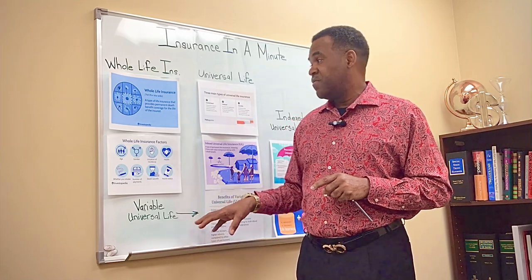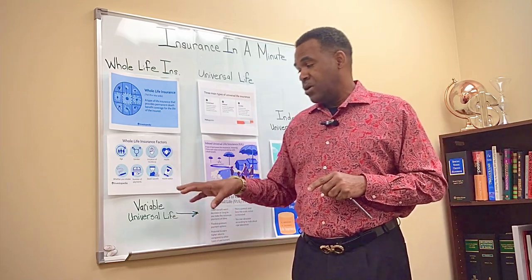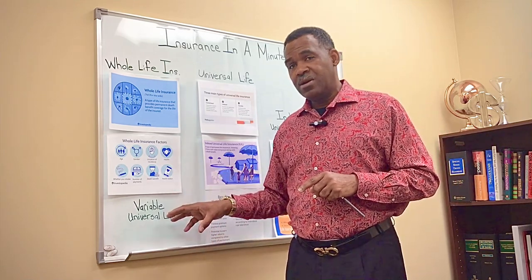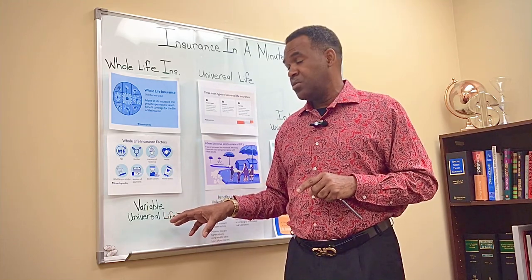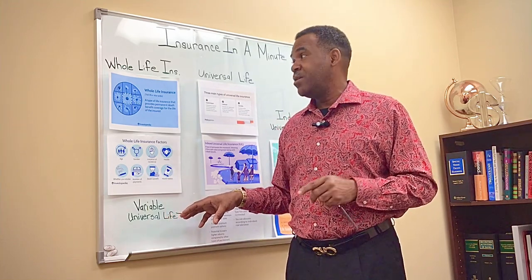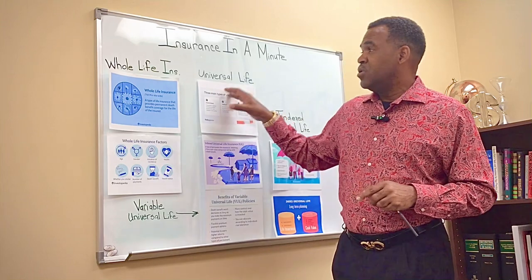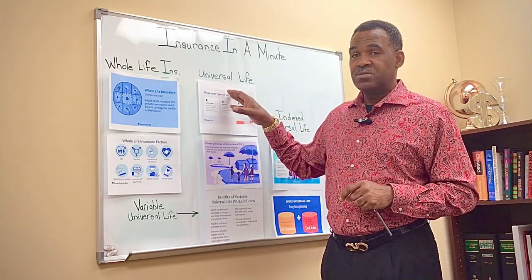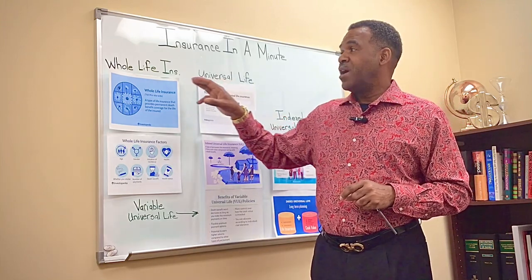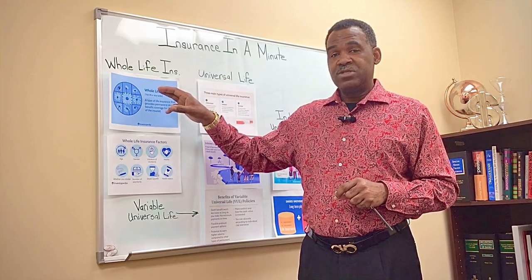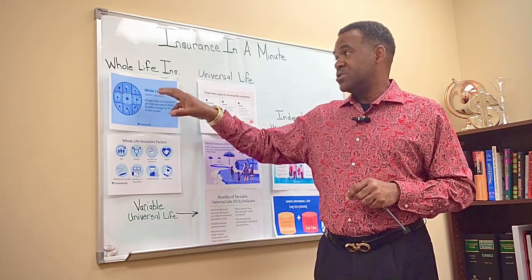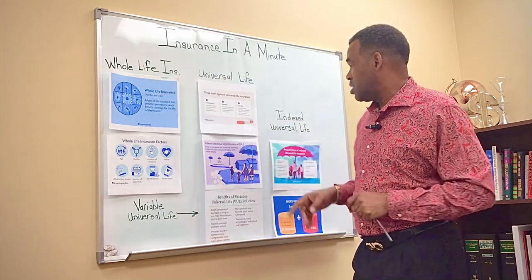So you have to be careful with this one. But again, great product, great cash value to accumulate and accelerate over universal life cash value, which is pretty much fixed. The whole life cash value percentage is fixed as well. This is determined by the insurance company.